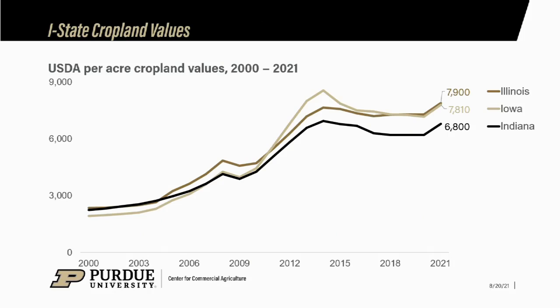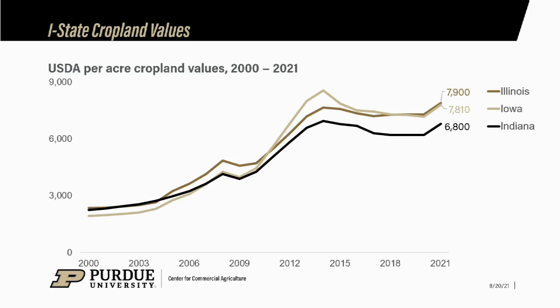And once again, as has been the case for 20 years or so, it's Illinois and Iowa duking it out for the highest value per acre, with Indiana lagging just behind, but showing a very similar pattern, where everywhere is up about the same percentage change. Now Illinois just edges out Iowa in the value per acre. I used to live in Illinois, and a lot of Illinois and Iowa farmers have a bit of a rivalry there.